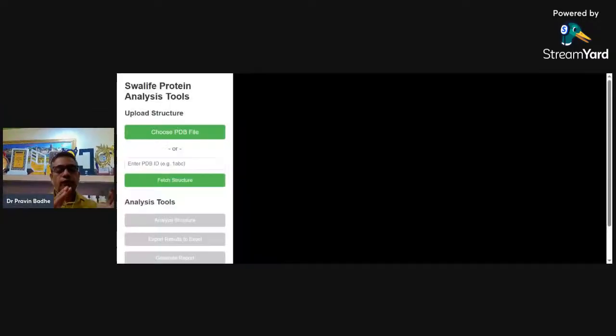And then there is a third one which I want to show. It is like a protein structure analyzer. So once you are looking for the targets and you got the list of targets, you can utilize this tool to analyze the protein.